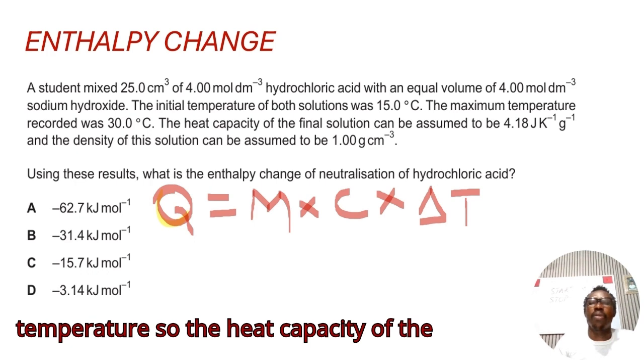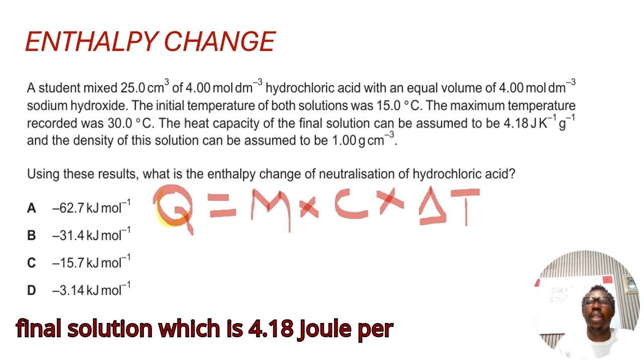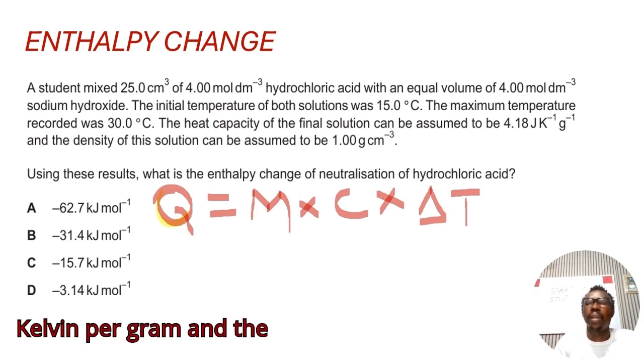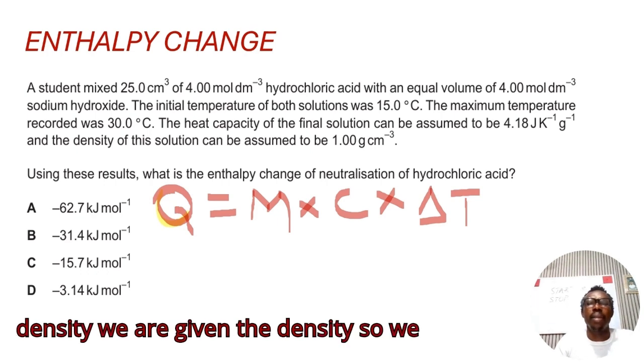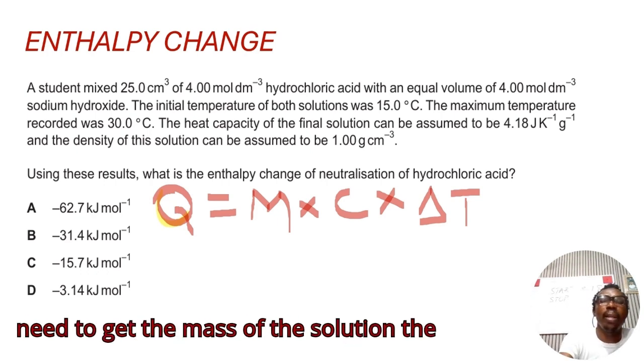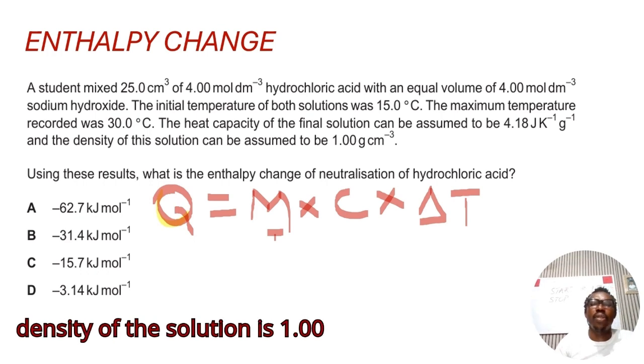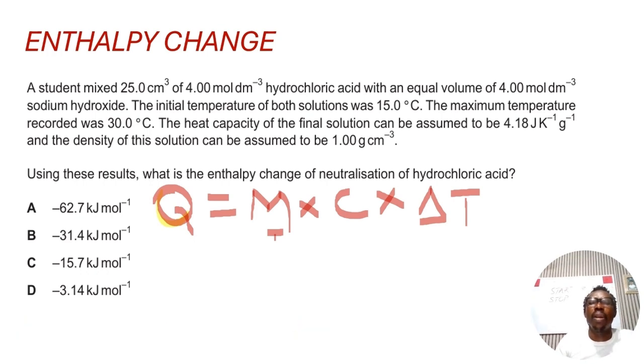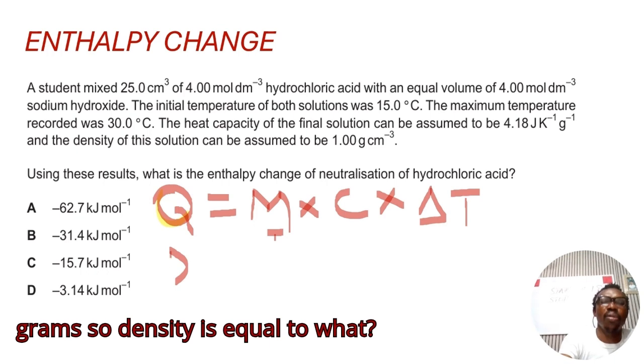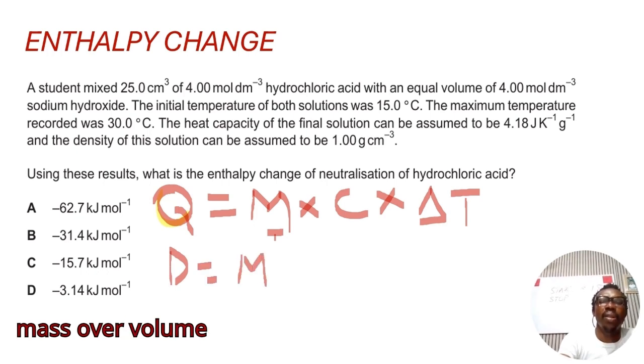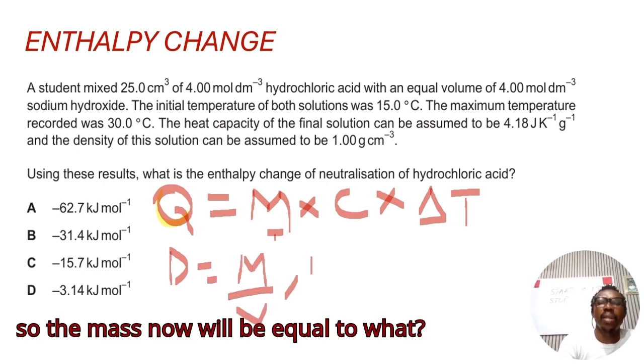The heat capacity of the final solution is 4.18 joule per Kelvin per gram, and we are given the density, so we need to get the mass of the solution. The density of the solution is 1.00 gram per cm cube. So density is equal to mass over volume.